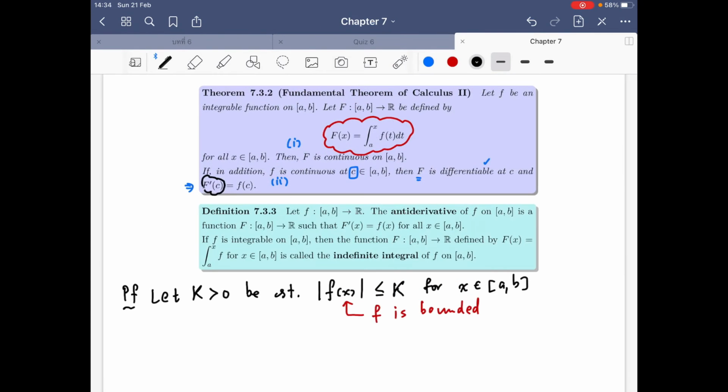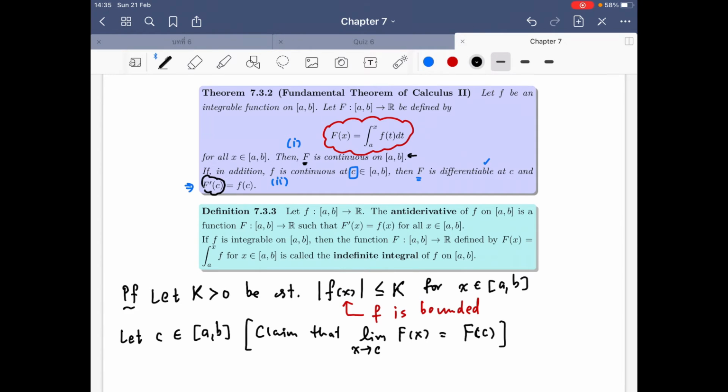So for the first assertion, we need to prove that capital F is continuous at each and every point in this closed interval. So we let one point c in this closed interval, and we claim that the limit as x goes to c of capital F equals capital F at the point c.